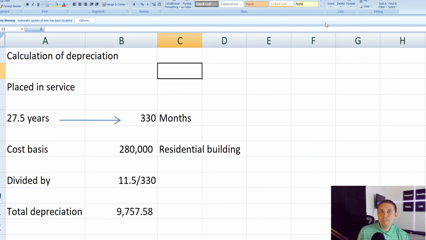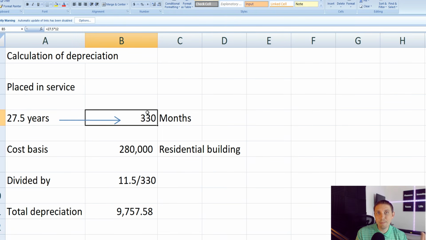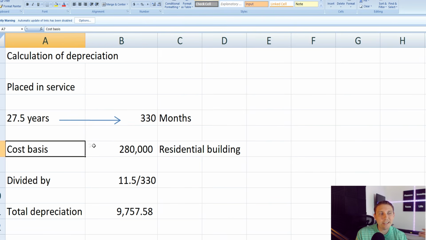And so with a home, let's say you buy a $300,000 home, you can't just deduct $300,000. The IRS tax code will not allow you to do that. But you can expense it, or depreciate that expense, over, and for a property, it's 27 and a half years. 27 and a half years, but I think a better way to think about it is 330 months. And you're going to see why that's an easier way to think about it when you're trying to calculate this.